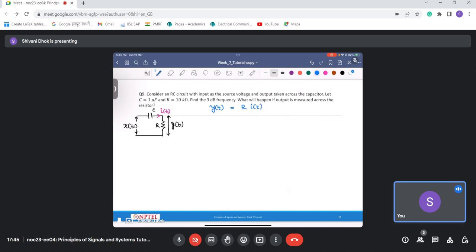The second thing that I know is, this i(t) is C d/dt of v_C(t), which means that the voltage across this capacitor, v_C(t), can be simply written as 1 by C integral from minus infinity to t of i(t) dt. So this is what we are having here.